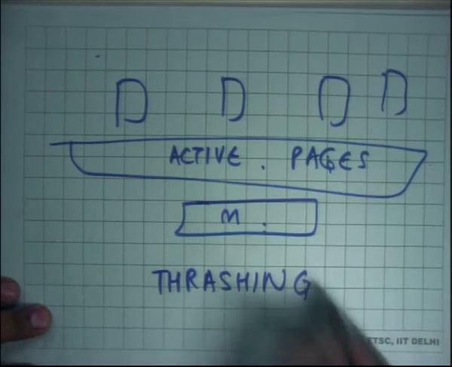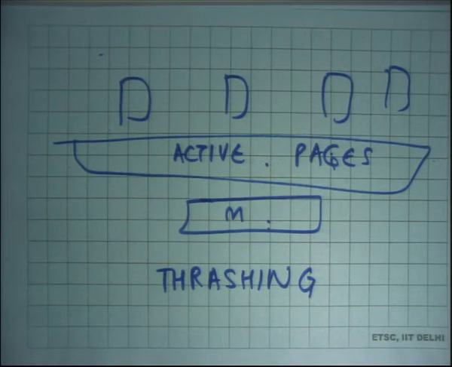So at this point your computer system is thrashing, which means most of the time is being spent on reading and writing data to and from the disk and not on executing useful instructions. And you may have seen this in real life, in practice.